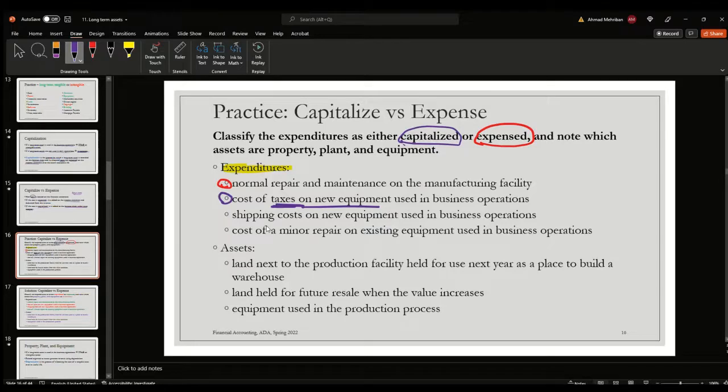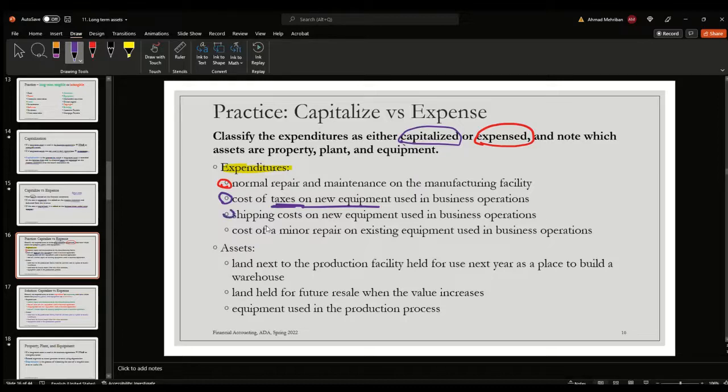The next one is shipping cost on new equipment used in business operations. We've talked about it previously when we said, for example, in the merchandising transactions, that we would add the shipping cost when we purchased an item or inventory as part of that inventory. So this is a very similar logic.